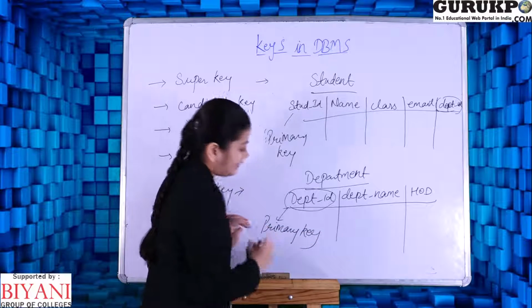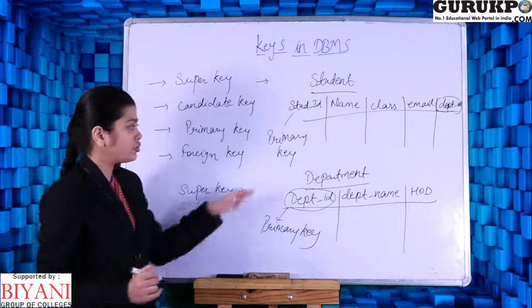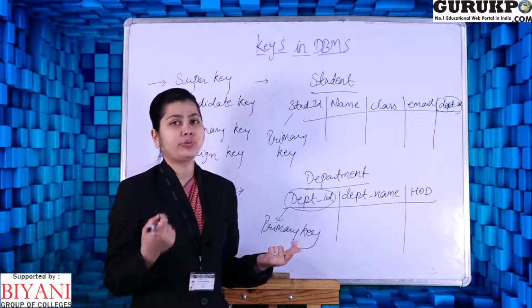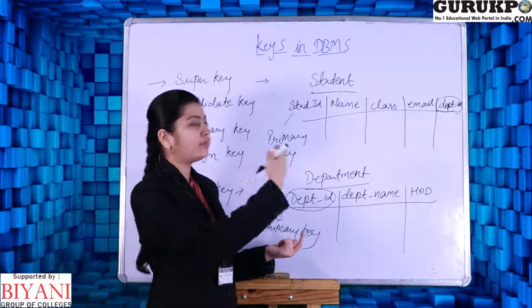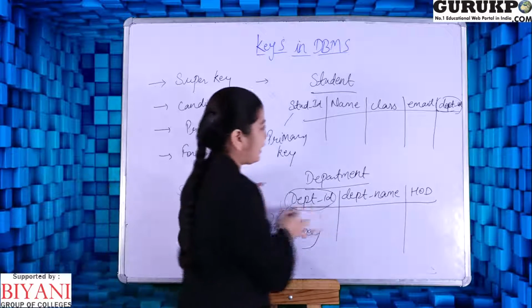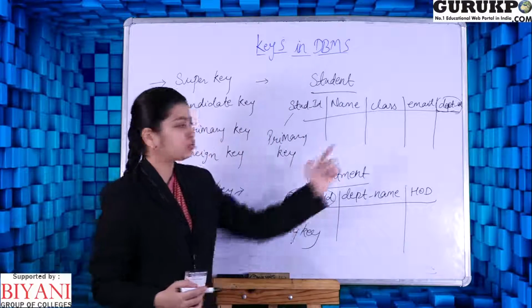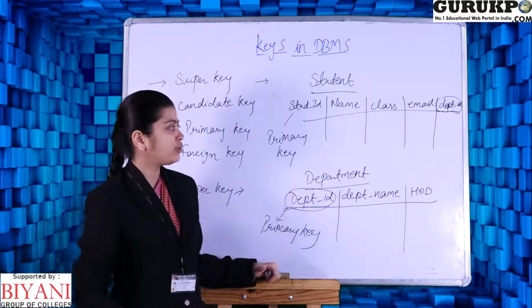If we want to link two tables, we need a common attribute included in both tables. Here department ID and here department ID. This column is available in both tables, so this is the common attribute.